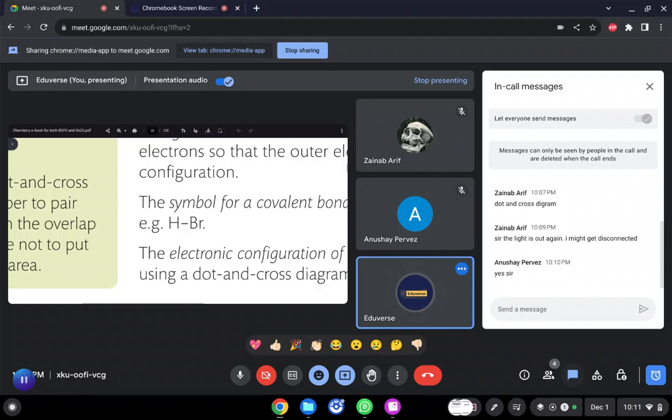And there are only two elements which are found with two electrons in their outermost shell, and those elements are hydrogen and helium, because they have only one shell. So the capacity of the first shell is 2 electrons, and the rest of the shells, if they are outermost shells, always try to have 8 electrons in their outermost shell. Is it clear?